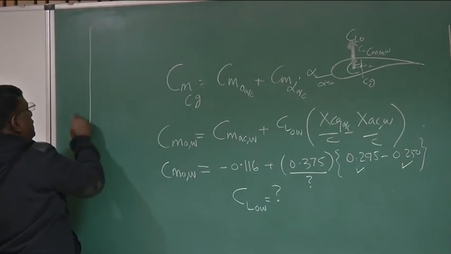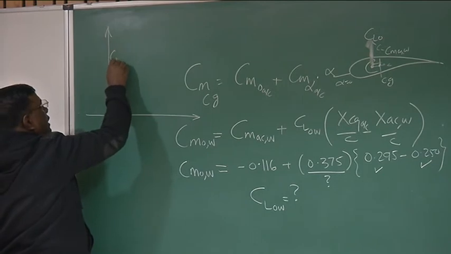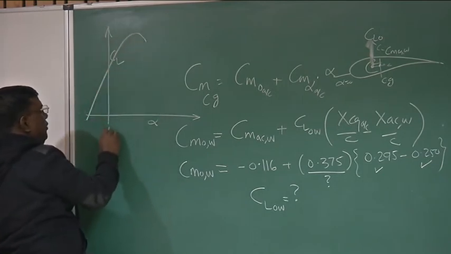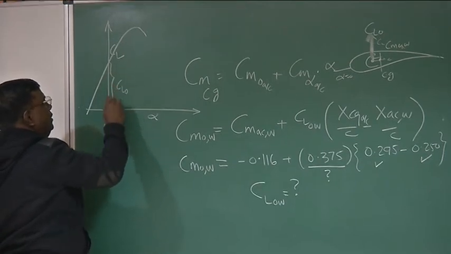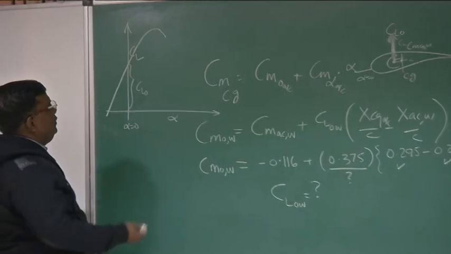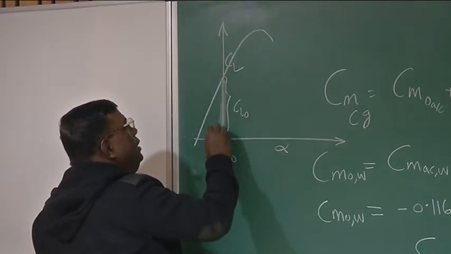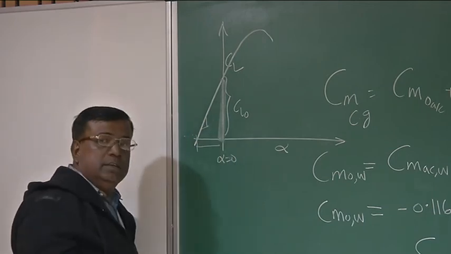We draw here. This is a cambered aerofoil. This is CL. This is alpha. So at alpha equal to 0, this value is CL naught. So how do I find CL naught? Simply this will be, since this is linear, this will be CL alpha into absolute value of this alpha, right?